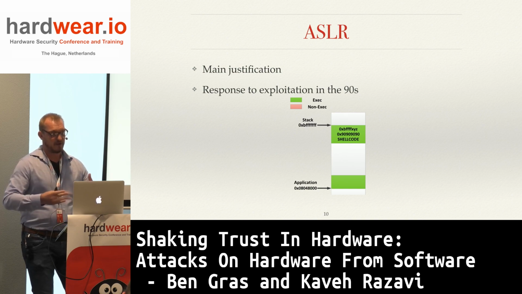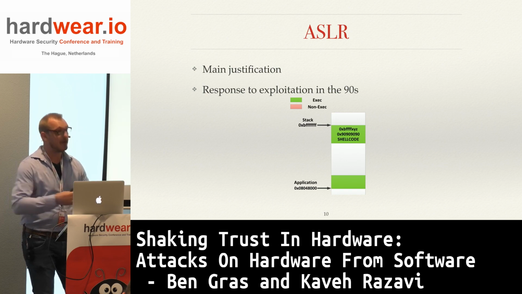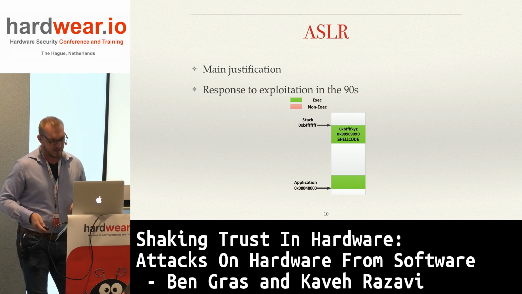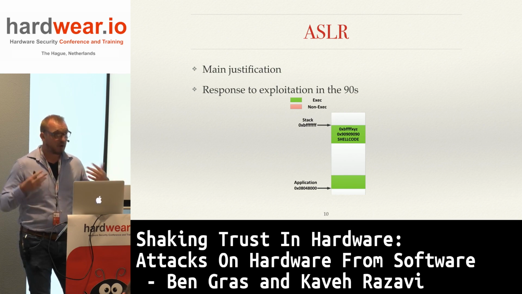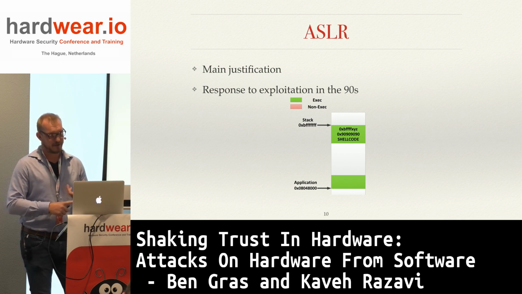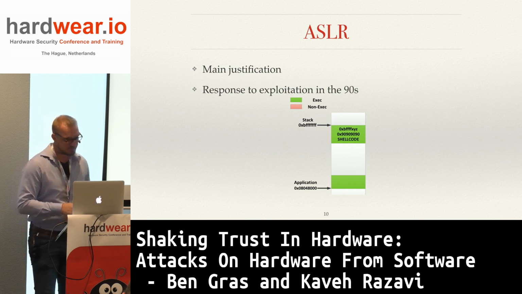You can even put code ready to go in the buffer that you're overflowing, tell the CPU to jump into that buffer, and you can do everything you want. So it's instant, full compromise. And in the 90s, that was relatively easy. That's possible because the stack has a known address, because the application has a known address, and because the stack is executable.